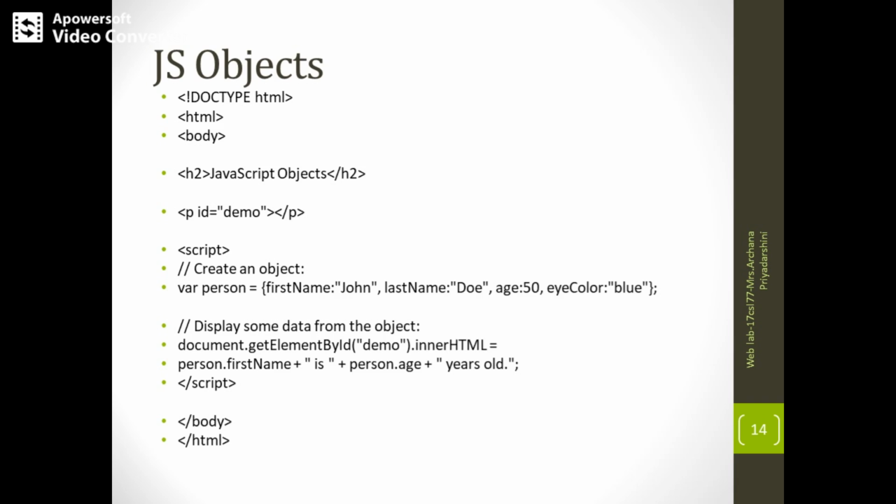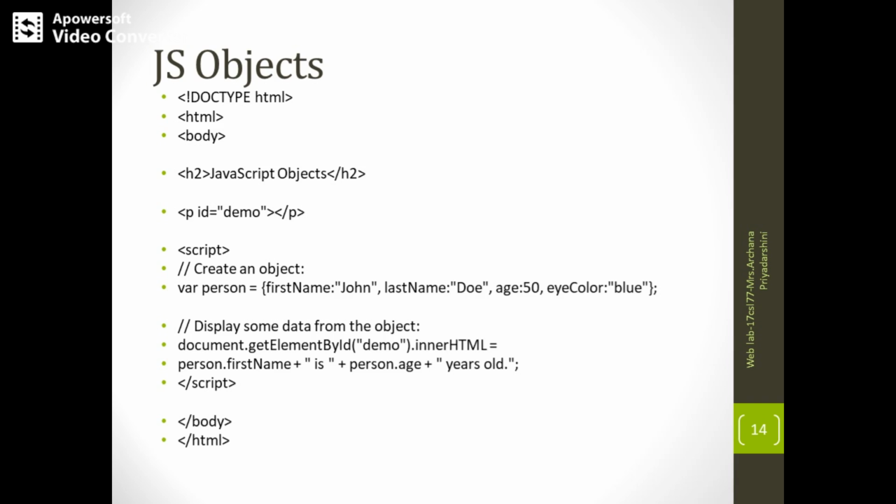Along with that, we want to mention a few more parameters. We concatenate with the plus symbol, followed by last name. Or instead of last name you can have another statement, that is John is 50 years old. Here you can specify it separately as a string, concatenated with person dot age.